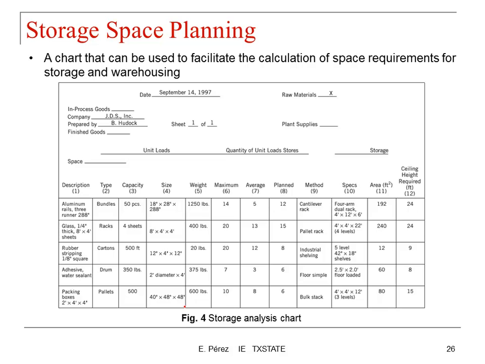The method that you're going to use to move and to store those items, the specs, the area that those items are going to use, and the height that those items are going to require from your warehouse.